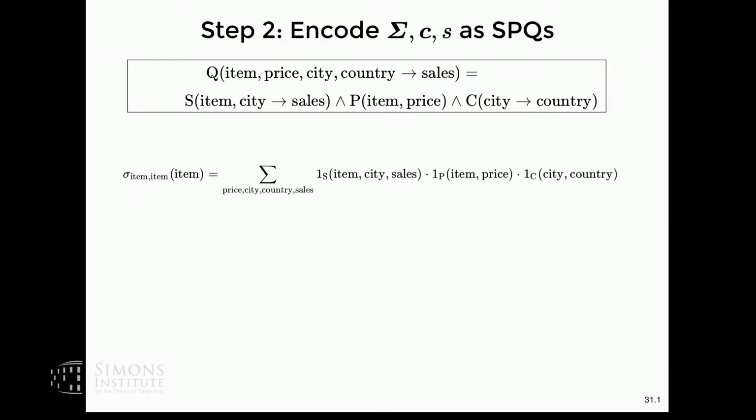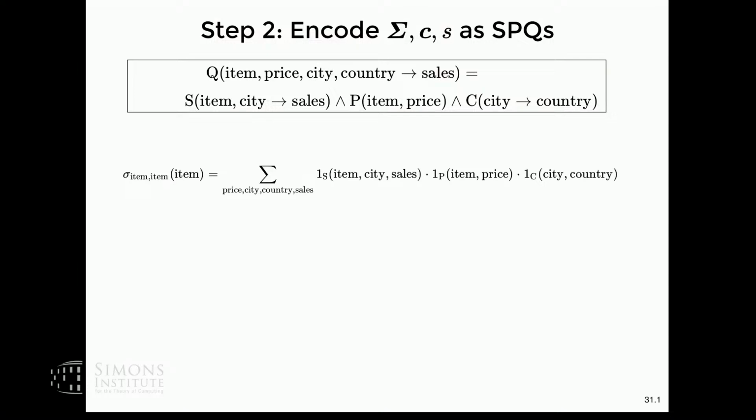If you follow through the definition from the previous slide, sigma item basically results from going through all tuples item, price, city, country, sales in Q, and grouping them by item and counting how many tuples we have per item. So basically, in order to compute this entry, we have to go over every item and count how many tuples item, price, city, country, sales are in Q, matching this particular item.